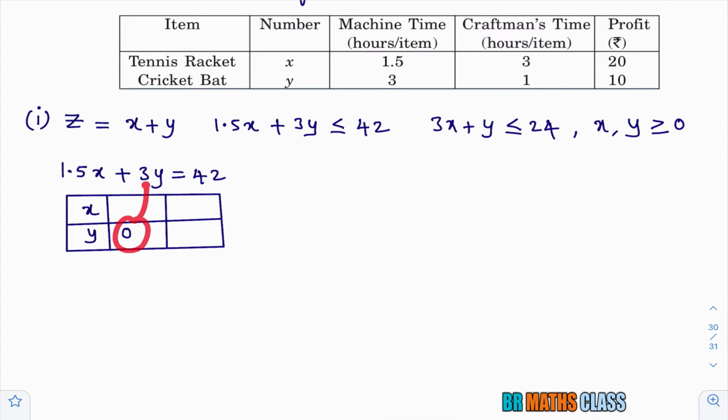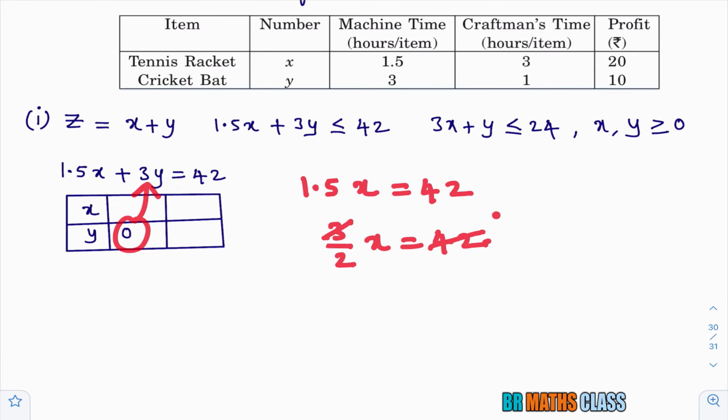If you put y value 0 in this, then you will get 1.5 into x equal to 42. 1.5 can be written as 3 by 2. 3 by 2 into x equal to 42. So here, 3 in 42, how many times? 14 times. So what is x? X equal to 28. So when y equals 0, you will get x equal to 28.